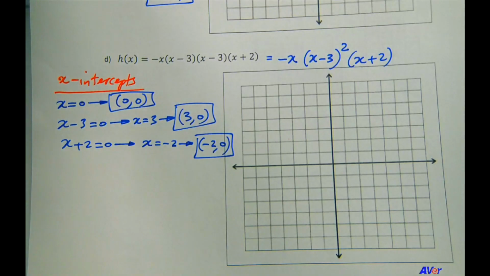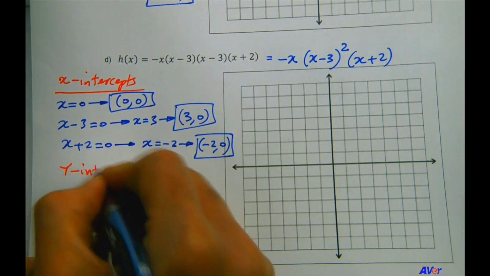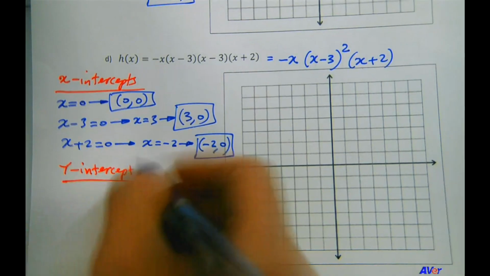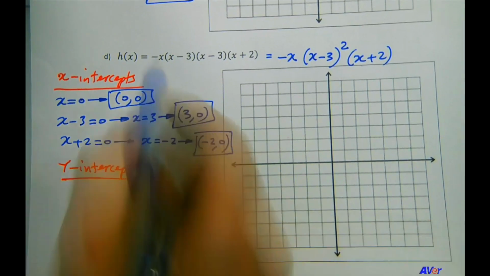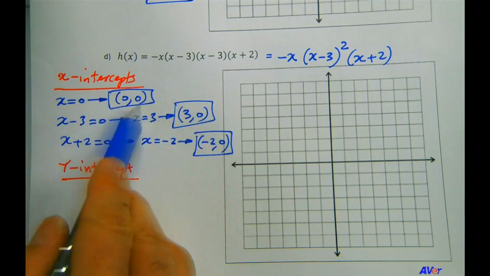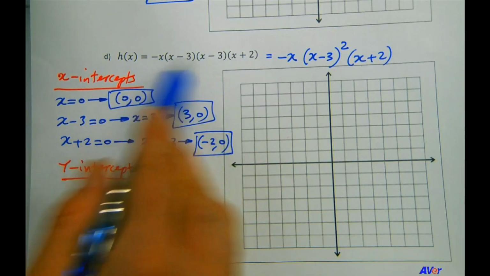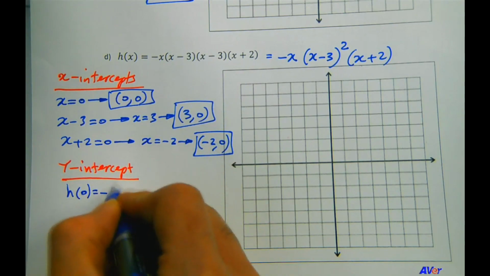Okay, the y-intercept, we should have one of those. So that's also (0, 0), right? You can see it easily. If you put 0 for x, I'll do it anyway.